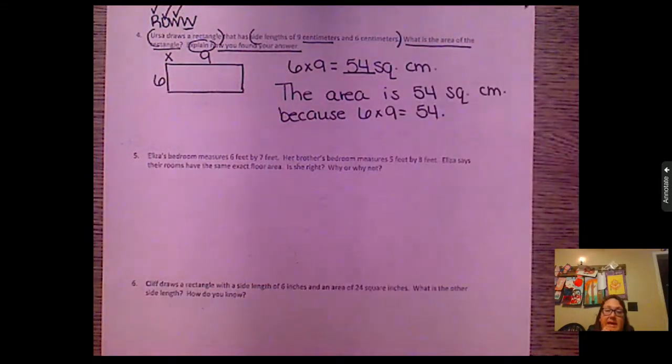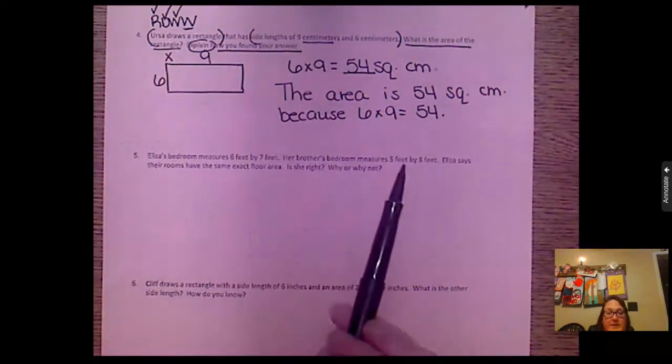Okay, simple as that. Because if our side lengths were 9 and 6, we just multiply those side lengths together. So the area is 54 square centimeters because 6 times 9 equals 54. Make sure that your sentence has a capital letter at the beginning and that it ends with a period.